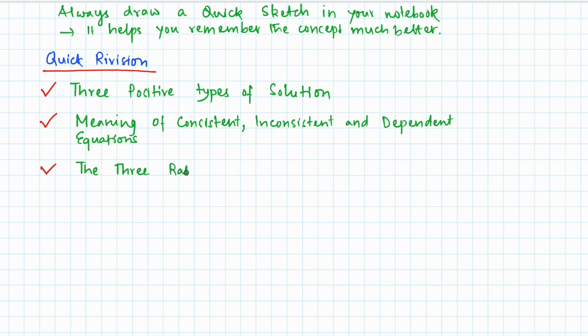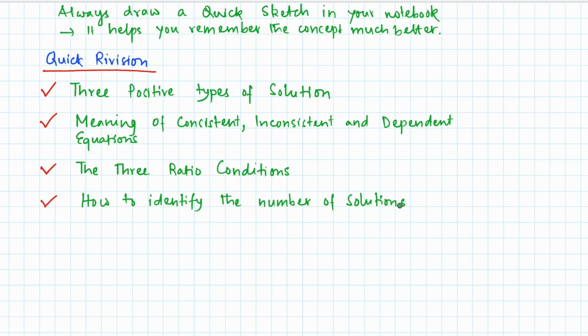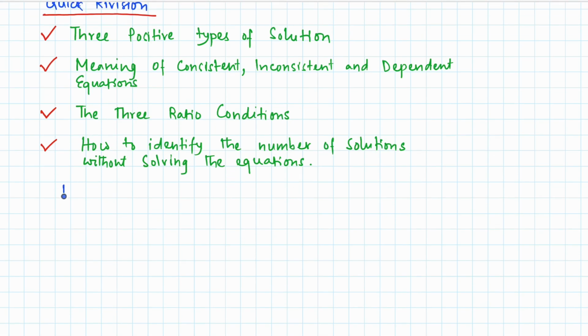Then we have learned the 3 ratio conditions, that is, the mathematical conditions, and how to identify the number of solutions, that is, how to identify the type of solution without actually solving the given equations.